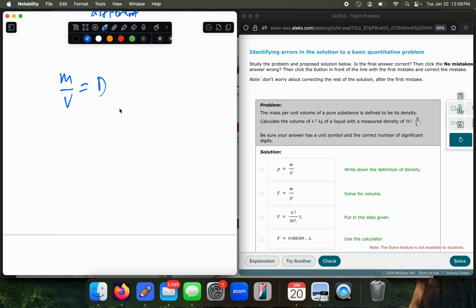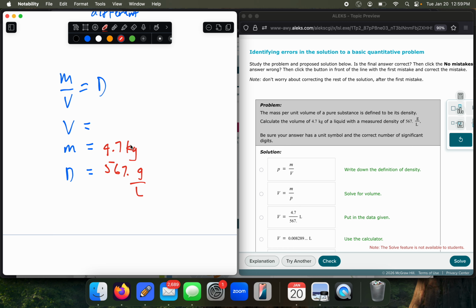Calculate the volume of a 4.7 kilogram. So I'm asking about the volume. I'm given the mass, and the mass is 4.7 kilograms. And its density is measured to be 567 grams per liter.